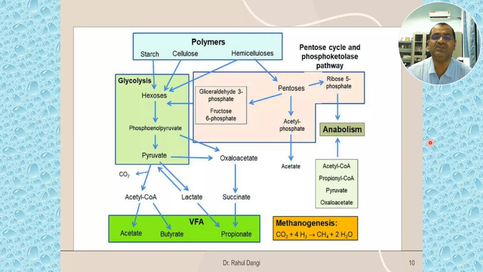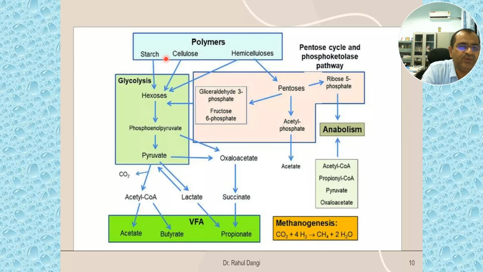Hence, the pentose cycle and phosphoketolase pathway convert all these things, especially cellulose, starch, and hemicellulose, ultimately to VFAs in the form of acetate, butyrate, and propionate. And apart from this, a lot of methane and also carbon dioxide are the end products.